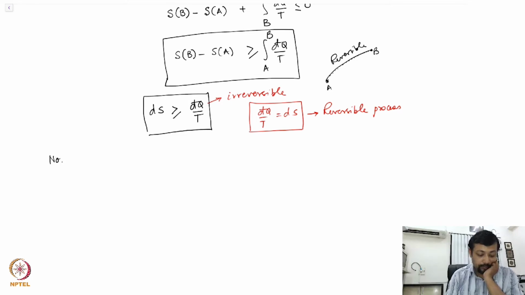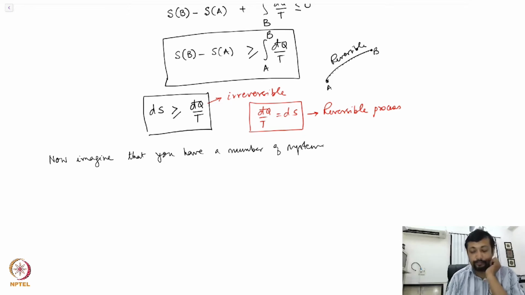Now, imagine that you have a number of systems which are isolated, or you can also think about an adiabatic system.